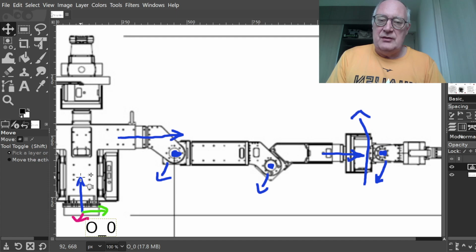So in this case here, Z0 and Z1, they intersect.